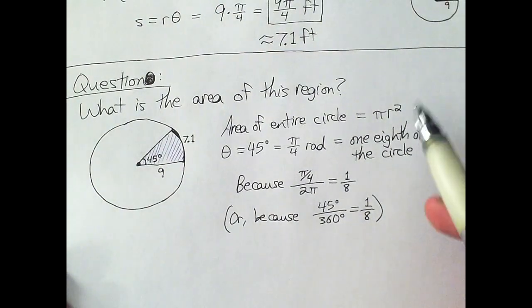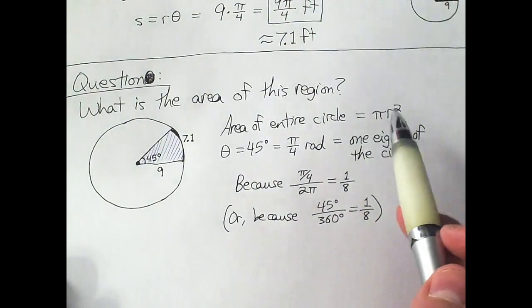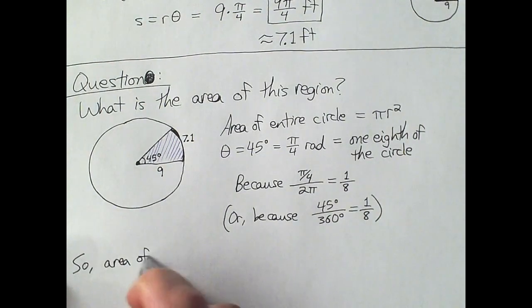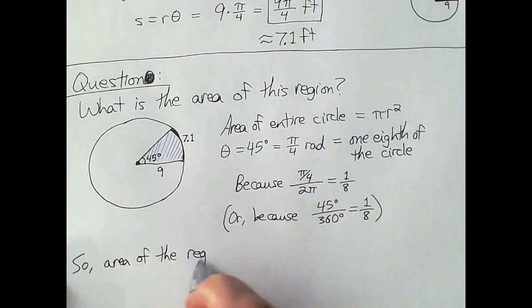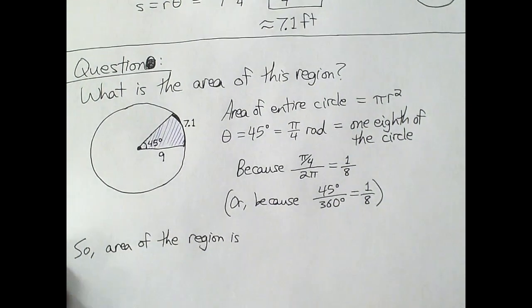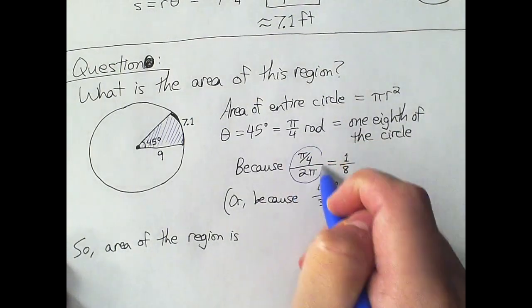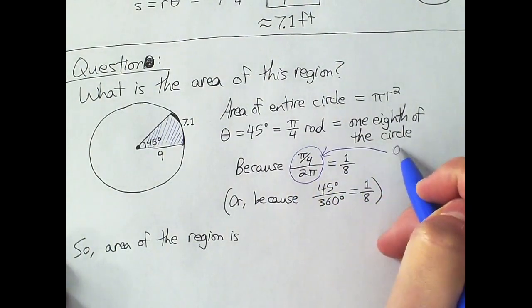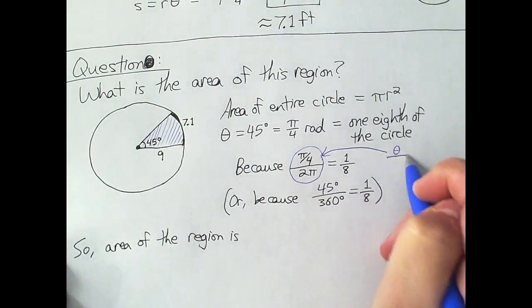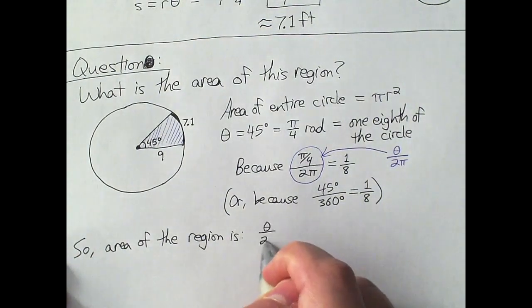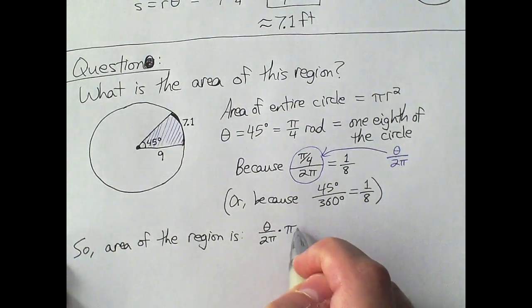So if we know how to find the area of the entire circle, we would just find the entire area and then multiply it by 1/8. So the area of the region is, let's be more general here. This thing that I did here, I put theta over 2 pi. So the area of the region is going to be theta over 2 pi times pi r squared.